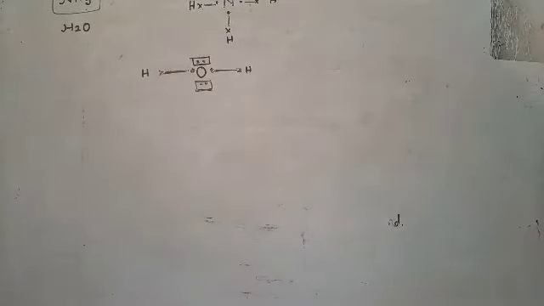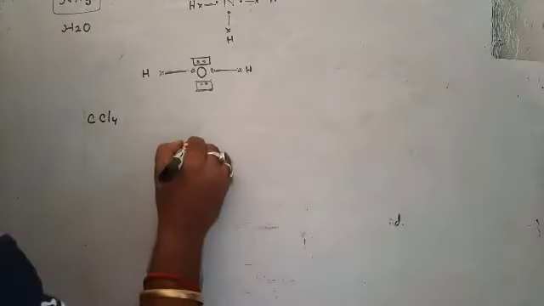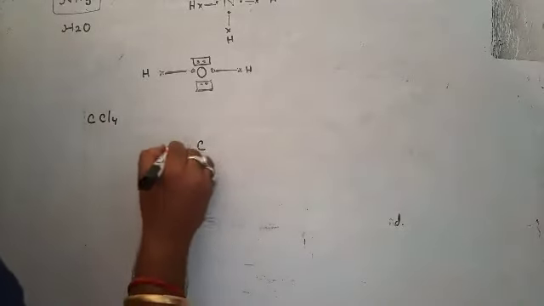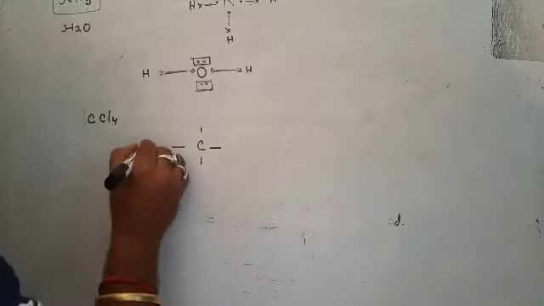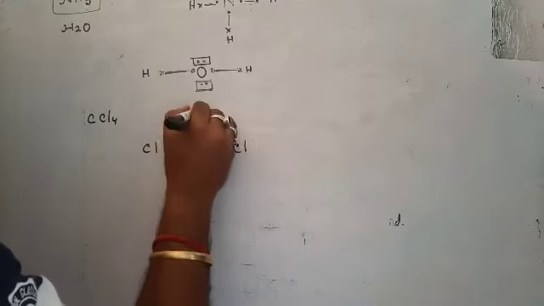Now one more thing about carbon tetrachloride, CCl4. Carbon tetrachloride is non-polar in nature, though it is carbon with 4 chlorines. The chlorine atom is bigger than carbon: carbon has 2 shells and chlorine has 3 shells.